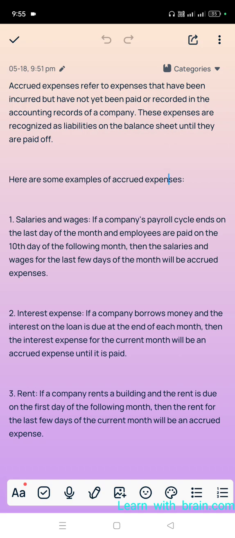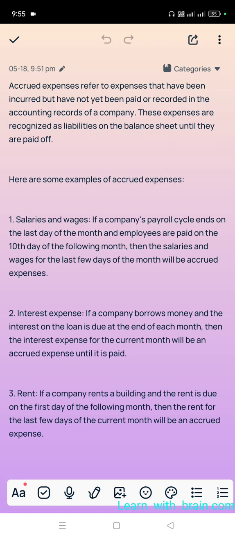So for the May month, we will recognize the salaries as accrued expenses, because the salaries have not been paid until the 10th of next month. So if you join a company, we have to do accounting every month.